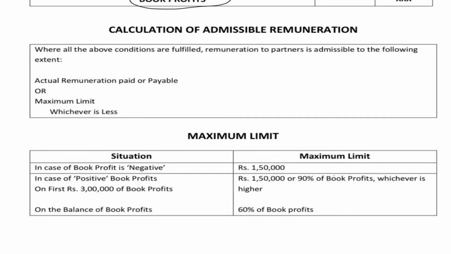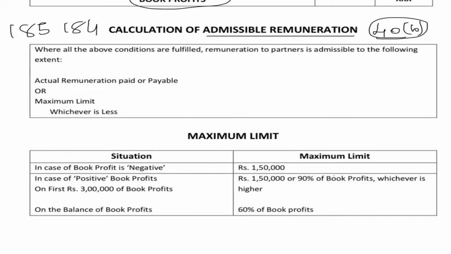Now let's check how to calculate admissible remuneration. Admissible remuneration is given only to the working partners, and they should satisfy section 40b. We have already discussed section 40b, section 185 and section 184 in the previous session.